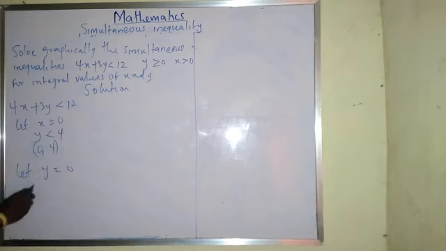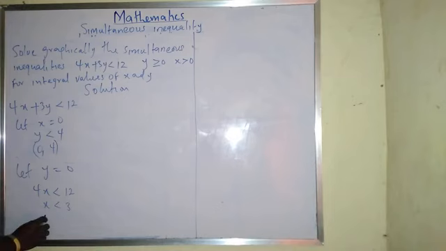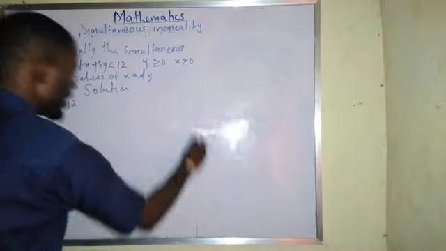It means I'll be having 4x less than 12. My x will be less than 3. It means I'll be having 3 comma 0. Now, since I have this, I will move on to my graph.